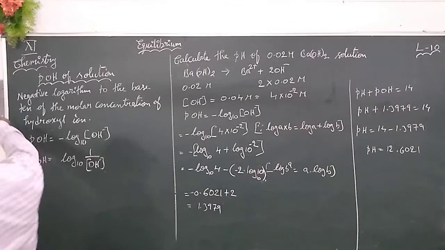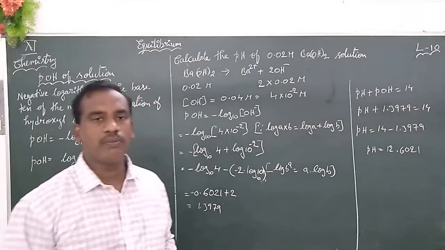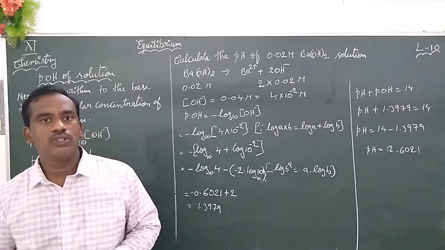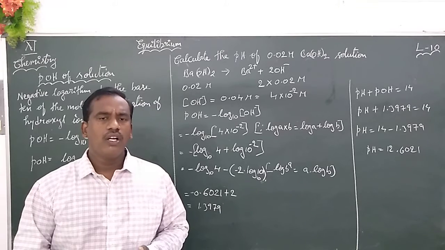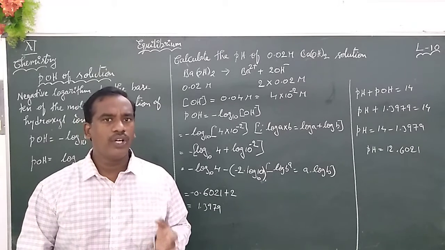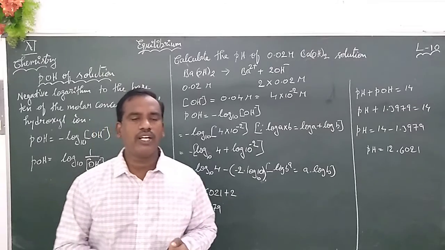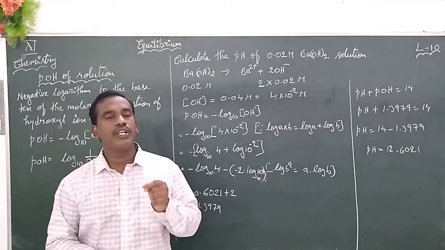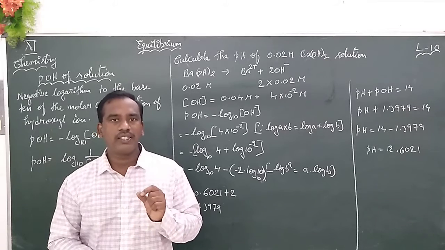So let's continue. What is meant by the potency of hydroxide ions? It means when a substance is dissociating in a basic medium, a basic solution, what is the pOH of the solution? In the previous session we had learned pH is equal to negative logarithm to the base 10 of the concentration of the H plus ions.